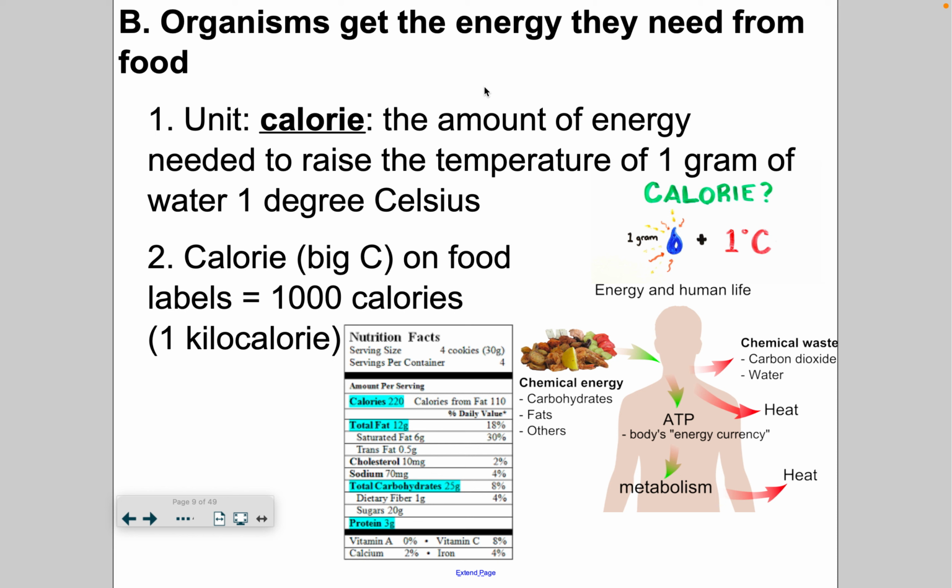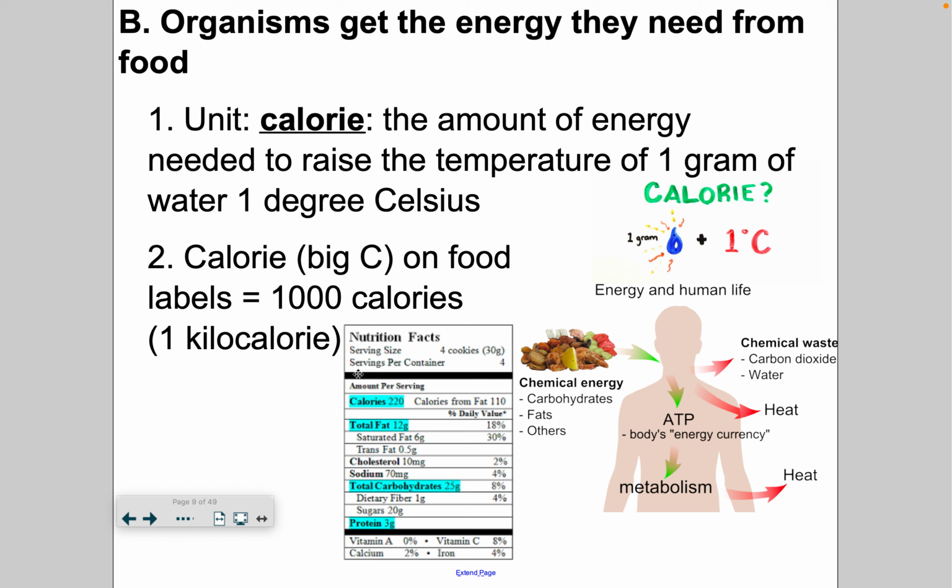Now, Calorie with a big C, which you find on the food labels, is actually a kilocalorie. 1 Calorie with a big C is 1,000 of these calories with the lowercase c.